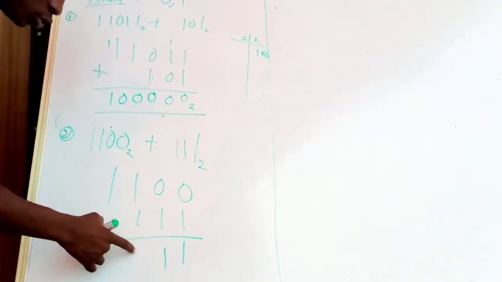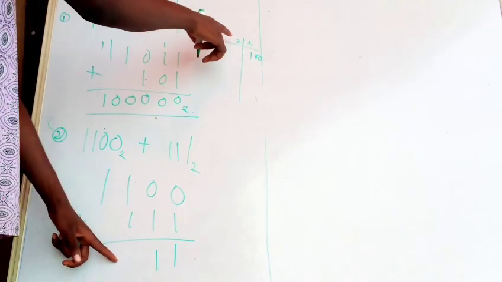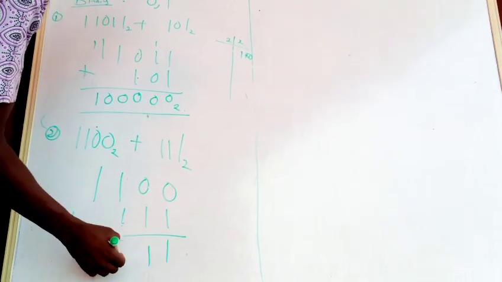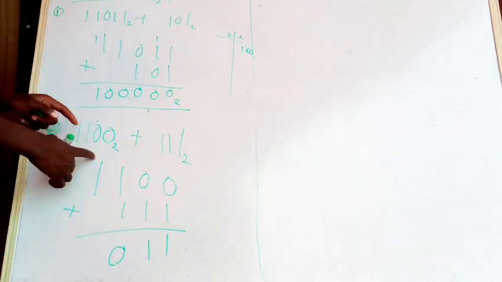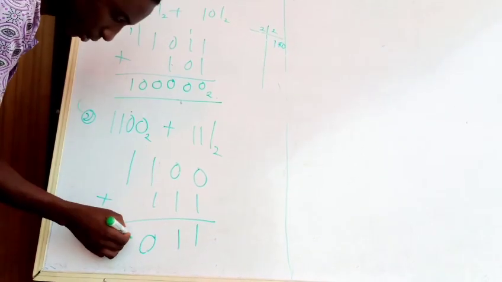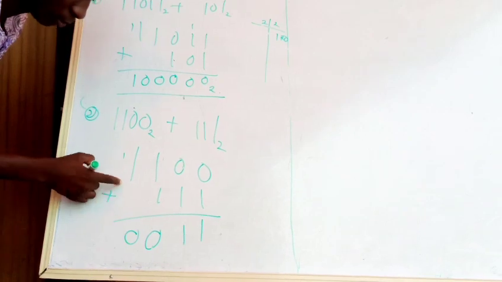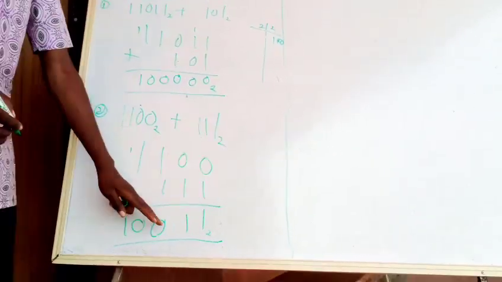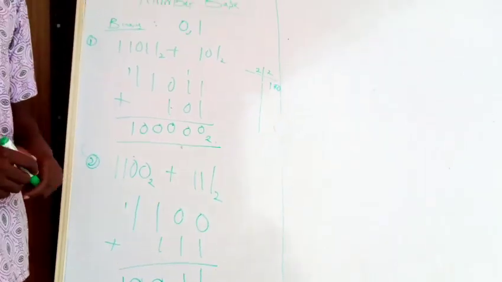Now 1 plus 1 is 2, which I reduce by dividing by 2. So 2 into 2 I have 1, remainder 0. So I write my 0 and I carry 1. 1 plus 1 still gives me 2. When I divide by 2, I have 1, remainder 0. Take my remainder and I bring the 1. 1 plus 0 becomes 1. So of course my result becomes 10011 in base 2.